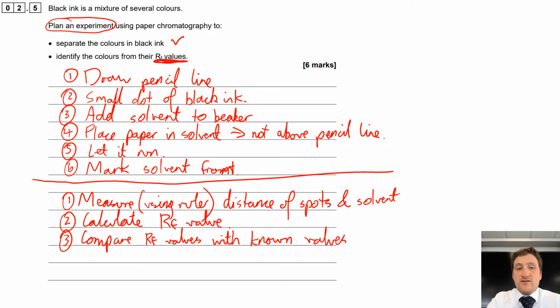And that, again, is our second bullet point for this big 6 mark question. Okay, it's not a case of we said 6 things, we get 6 marks. It's to get 5 or 6 marks, is it logical? Will we get valid results? And have we said most or all of the steps? Okay, so we've got a pencil line, we've got the dot, everything is in there.